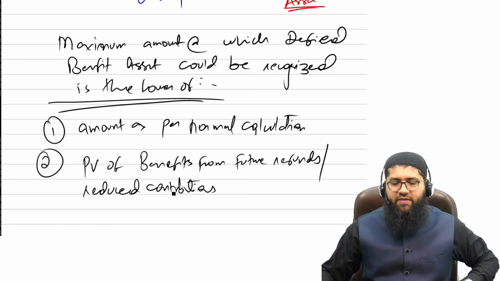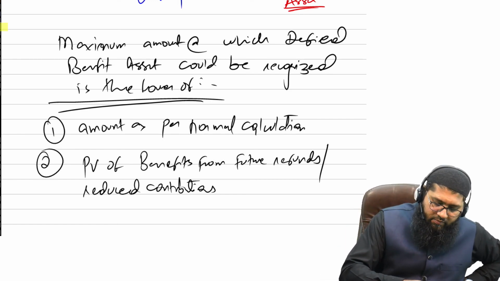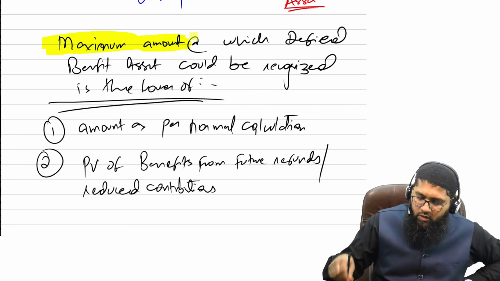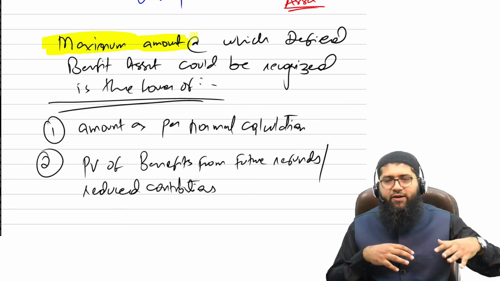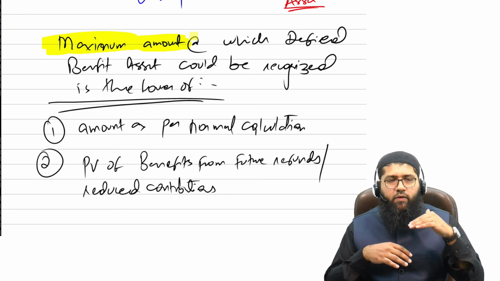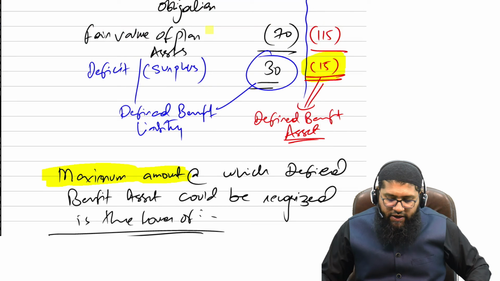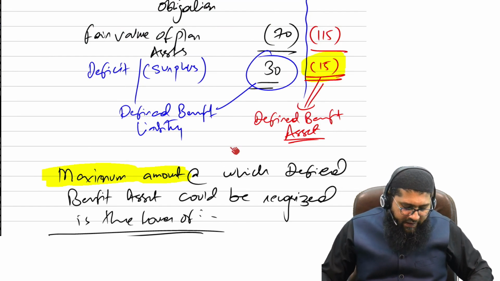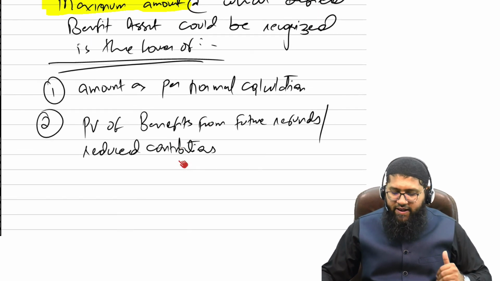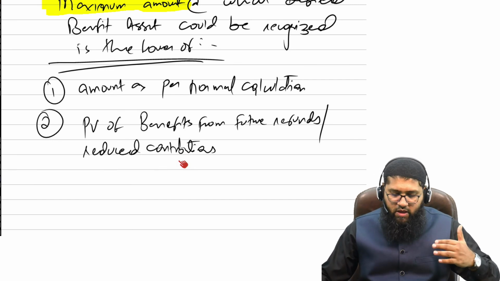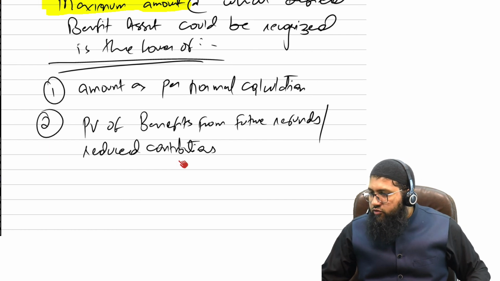So basically there is a maximum amount at which a defined benefit asset could be recognized; that's what the ceiling is. The maximum limit is either you recognize this 15 million, or you calculate the present value of benefits from the future refunds or from the reduced contributions. So that's how you have to do it.